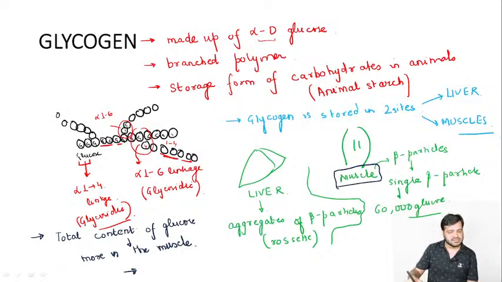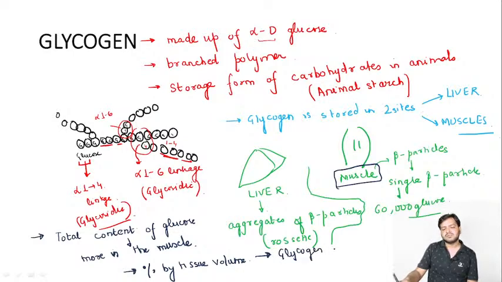But if the question says, what is the percentage by tissue volume? So it simply means glycogen is more in the liver.